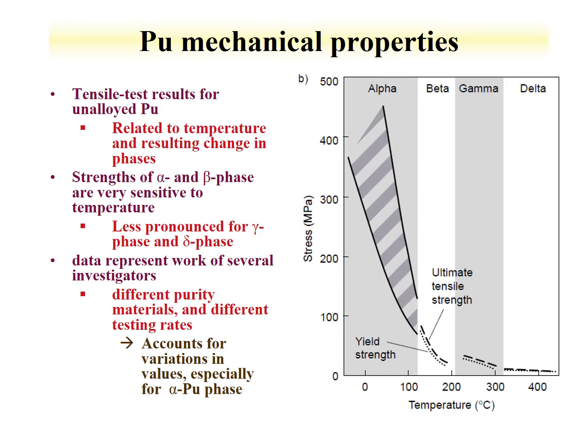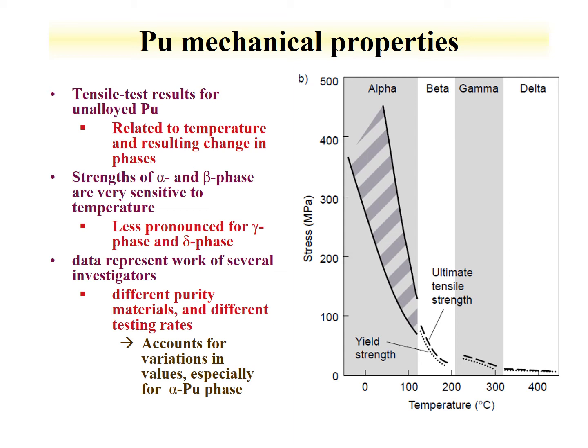The influence of temperature on the strengths of plutonium phases has been examined, and it's found that the alpha and beta phases are very sensitive to temperature, as we see that the stress changes dramatically as a function of temperature, where for the gamma and delta phases over here there is less of a pronounced change.